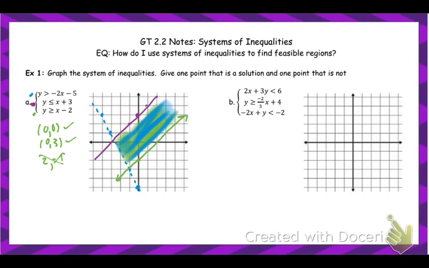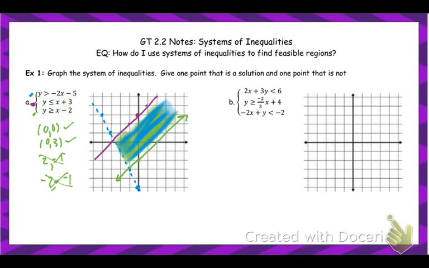Anything that falls on the dotted line is also not part of it. For example, (-2, -1) would not be in the solution because it's on the dotted line. The reason that doesn't work as a solution is that if I plug it into every single equation, every equation needs to give me a true statement.